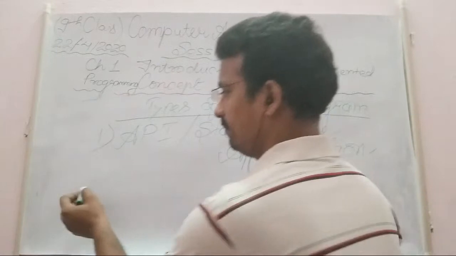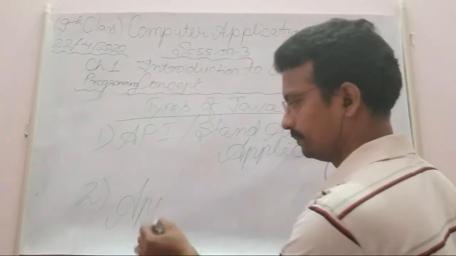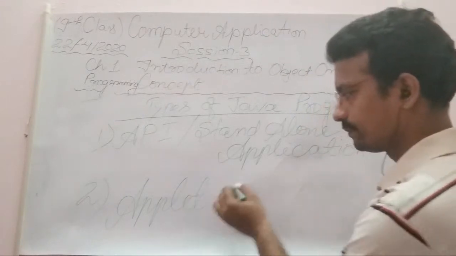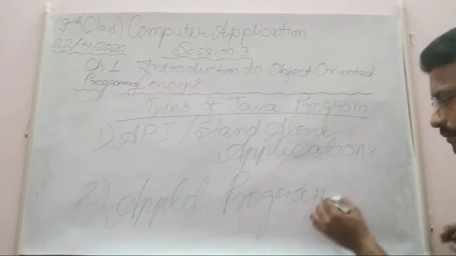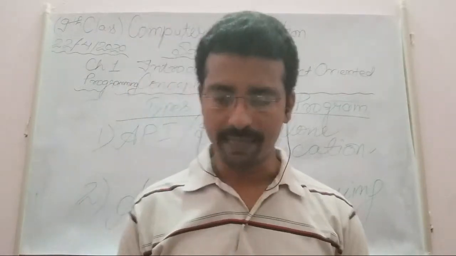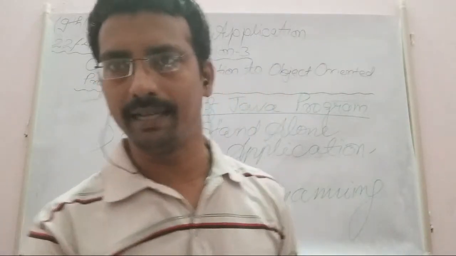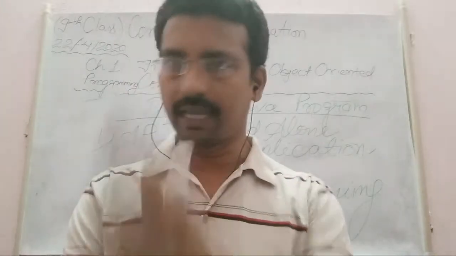Next, the next category of Java program is applet programming. If you require, you can write it down. This applet programming, basically, you all know HTML. In 6th class and 7th class, you were introduced to HTML.